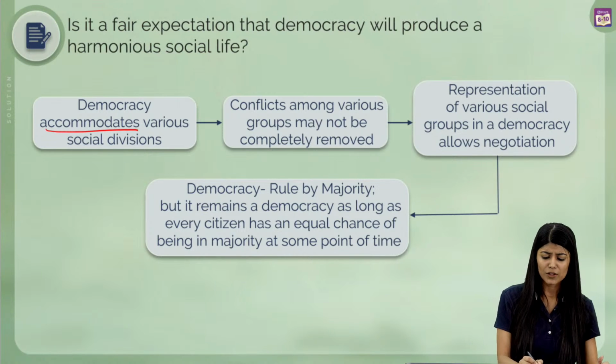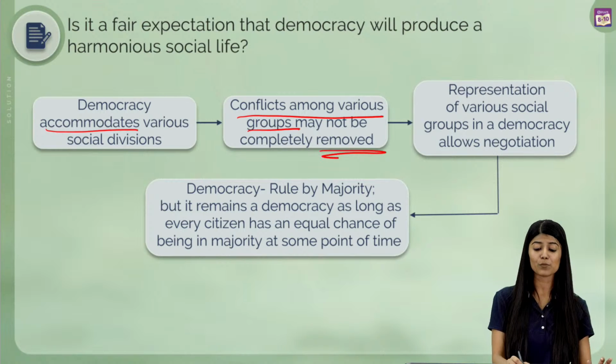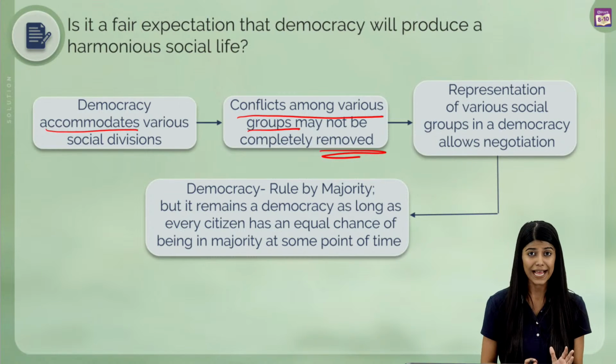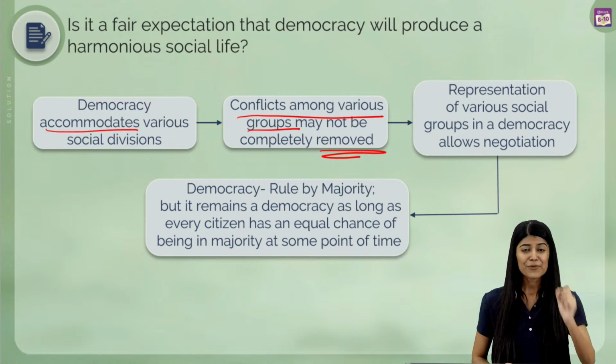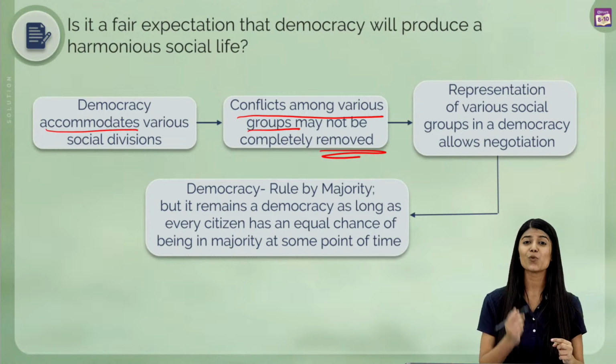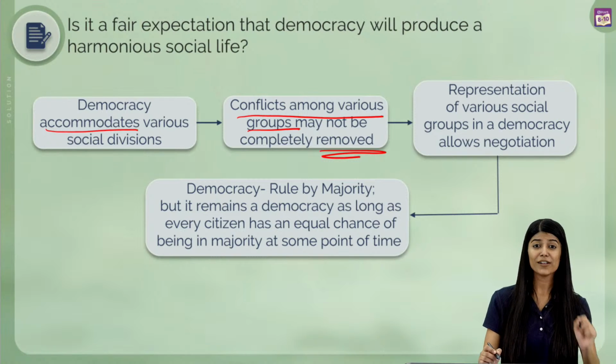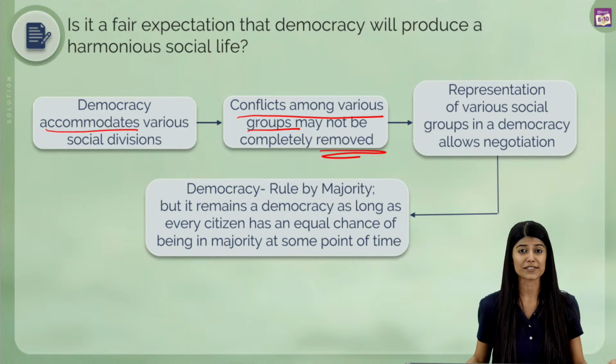The conflicts amongst various groups may not be completely removed, but democracy allows a platform for all these social groups to voice out their opinions, and this is done by representative democracy.